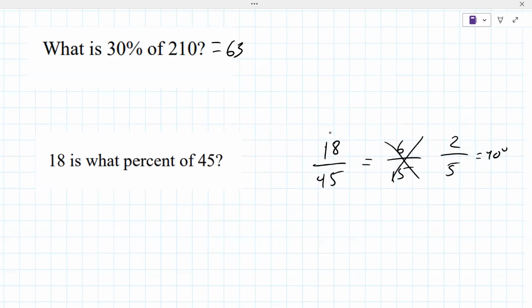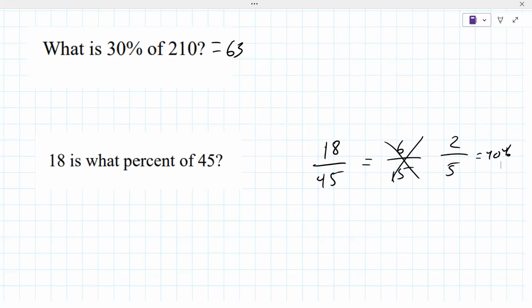So 18 over 45, that is 6 over 15. Sorry, you can divide both by 9, so 2 over 5, which is 40%. Good.